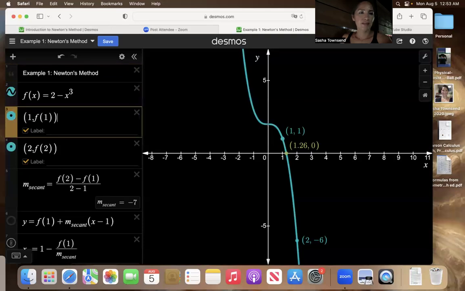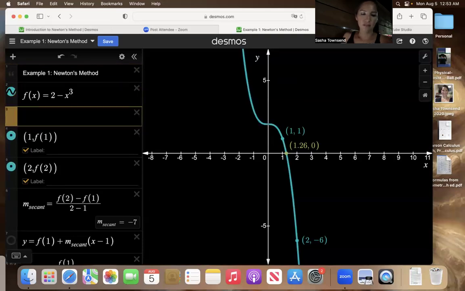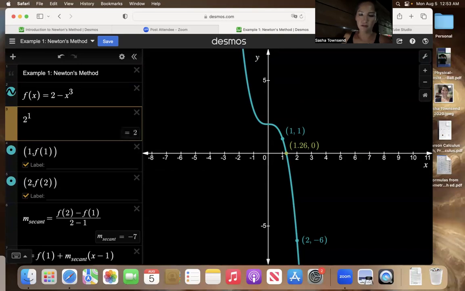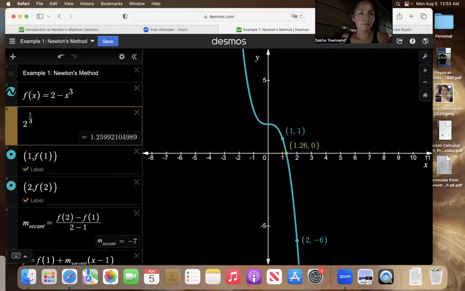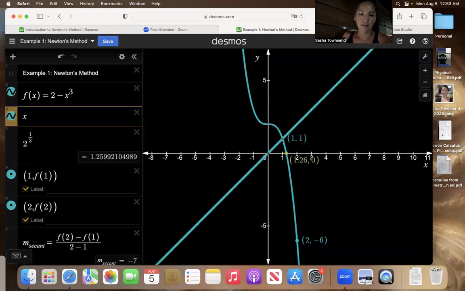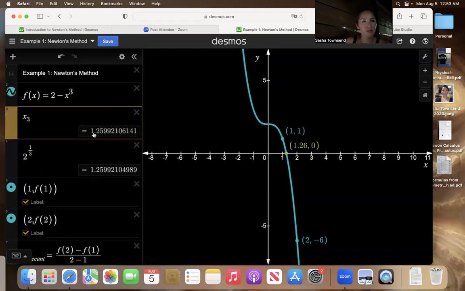Now I'd like to compare that to the cube root of 2, because I know that that's our exact answer. So the cube root of 2 is this, and then x3 was our last approximation. So we have 1.2599216, and this is 1.259921049.